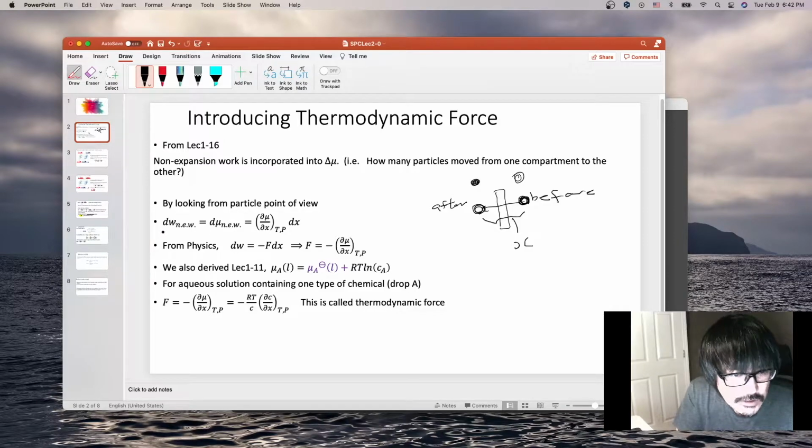So the work, the dW, the non-expansion work, is equal to the change in chemical potential, this is the slope right here, the slope of the chemical potential, multiplied by how much it moved, right? So let's just say that on the y-axis, initially it started out at this energy right here.